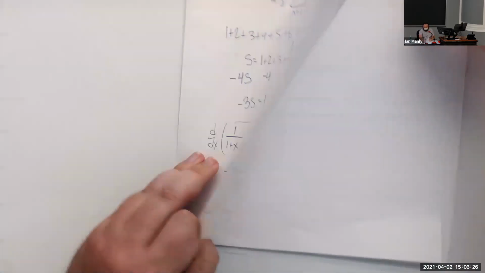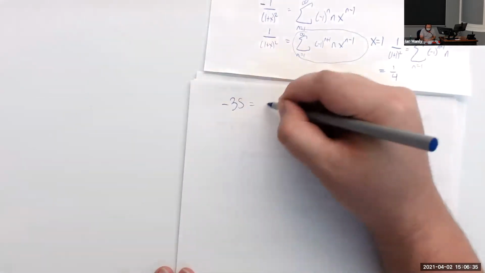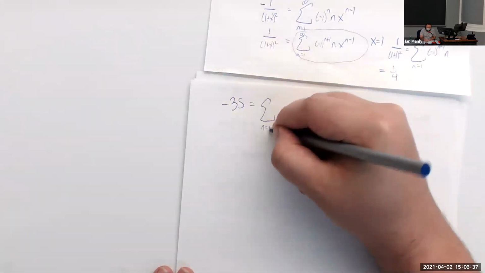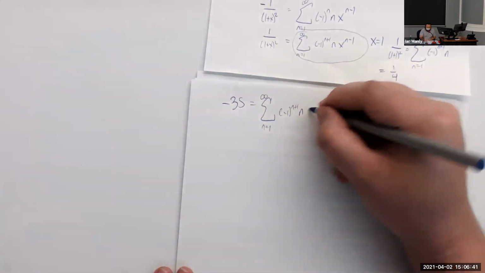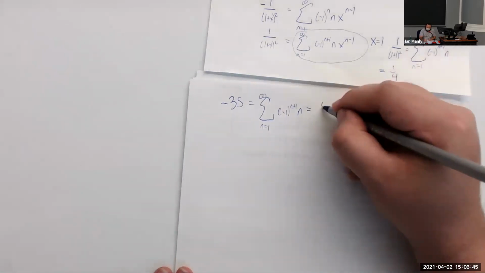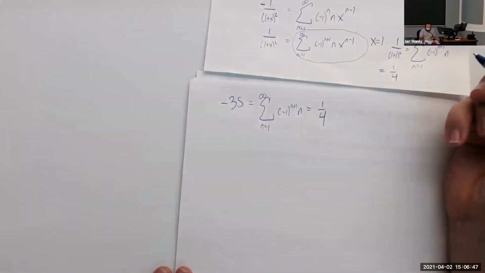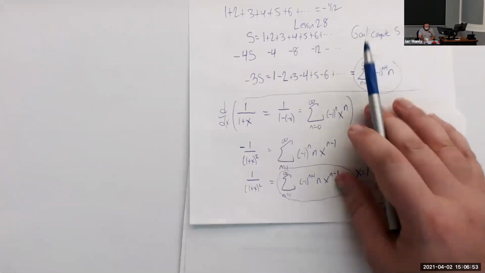So now it's time to make our conclusion here. Negative 3s, the sum from n equals 1 to infinity of negative 1 to the n plus 1 times n, is equal to, and then we saw on this side of things, 1/4. So remember, what is my goal ultimately? My goal is to compute what s is going to be.